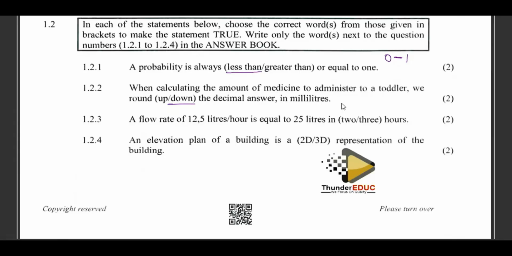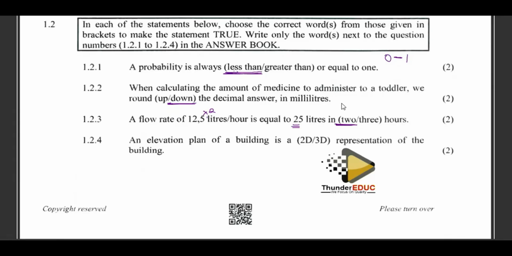A flow rate of 12.5 liters per hour is equivalent to 25 liters in 2 hours. Just get this when you multiply this, because if only 1 hour you have 12.5, what about 2 hours? You'll have this much. So here the answer is supposed to be 2. Here I'm saying down. Here we are having less than.